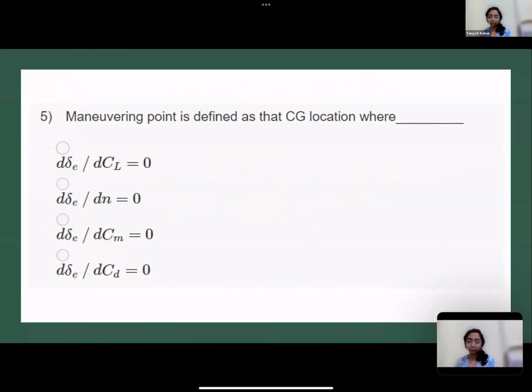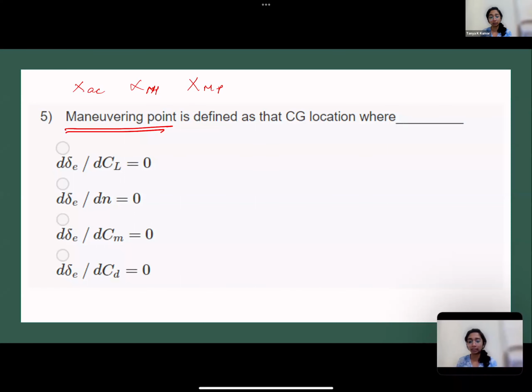Maneuvering point is defined as that CG location where, this is just the direct definition. What is the maneuvering point? So you have XAC, you have XNP, and you have XMP, the maneuvering point. How are these defined?